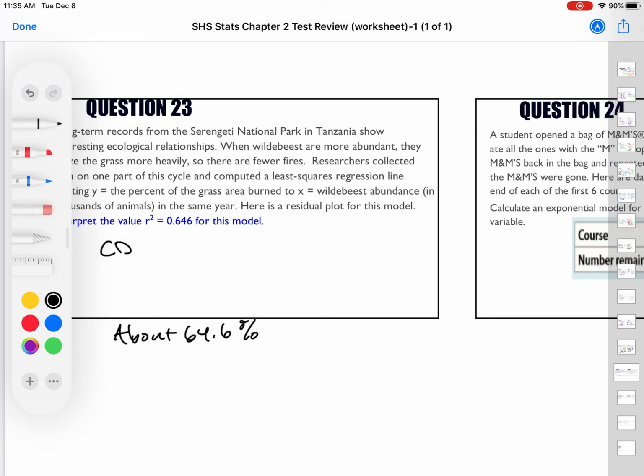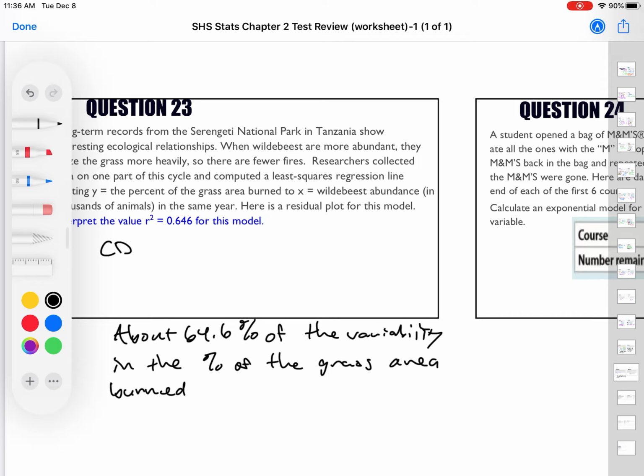About 64.6% of the variability in the percent of the grass area burned is accounted for by the least squares regression line.